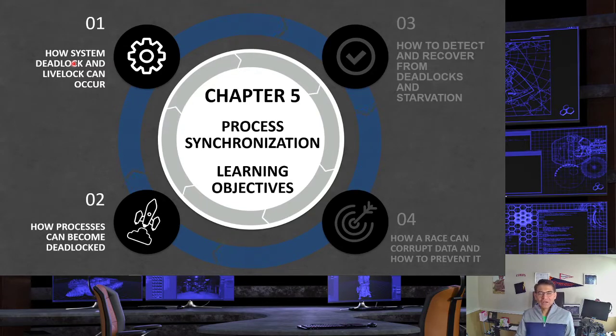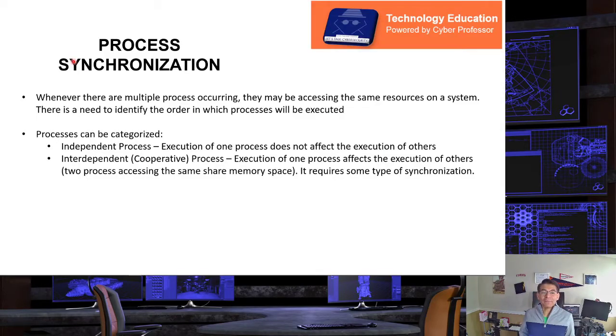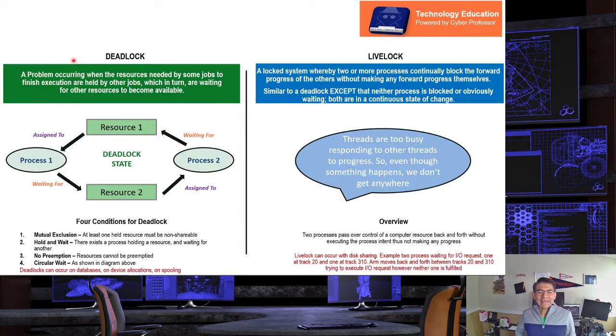We also talked about some of the differences between the two, deadlock and livelock, and then how processes can become deadlocked. That's when we decided to stop and move to the end of the session and get ready for the second session.